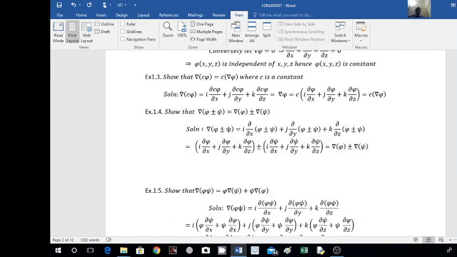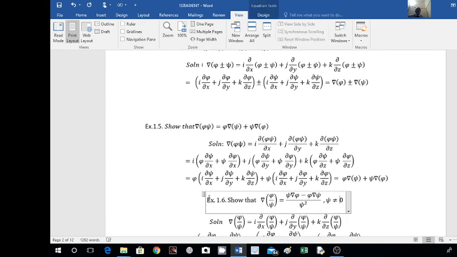Now you go to the product here. Suppose pi and psi are scalar functions, then we show that del of pi into psi equal to pi into del psi plus psi into del pi. This is similar to that of our differentiation. So here again consider del of pi into psi. By the definition, i into ∂/∂x of pi psi plus j into ∂/∂y of pi psi plus k into ∂/∂z of pi psi.